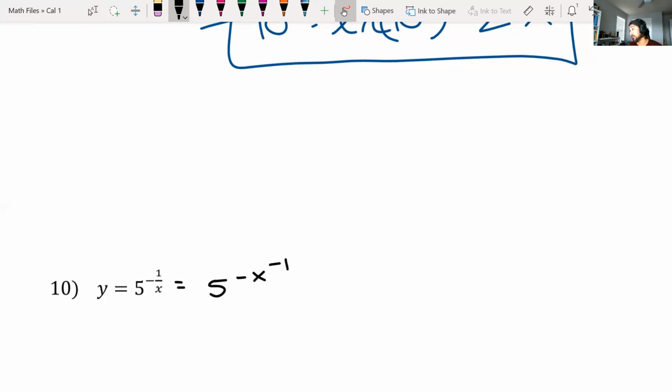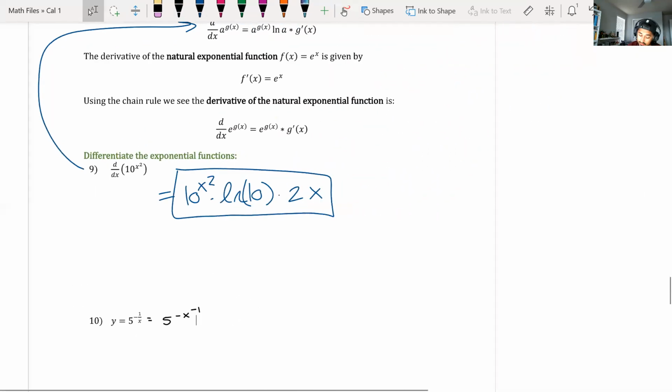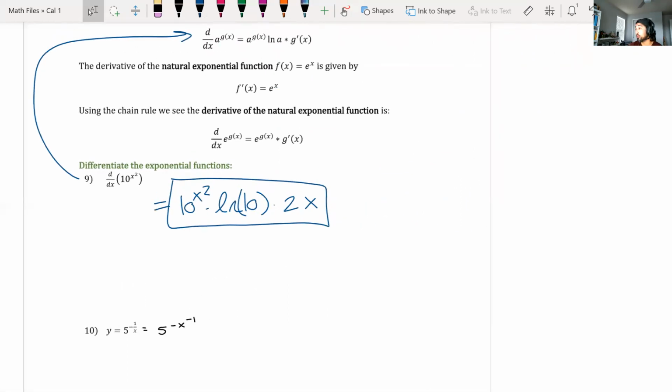We're going to save ourselves some time because if you leave it like this, you're going to have to quotient rule the derivative of the exponent. So we can just flip this x to the numerator and make it negative x to the negative 1. Again, we're using that same chain rule derivative above.